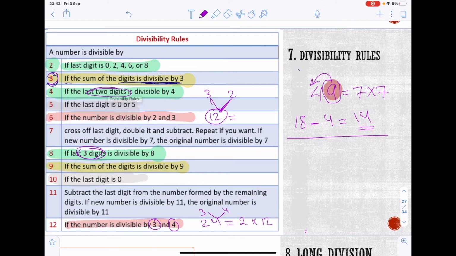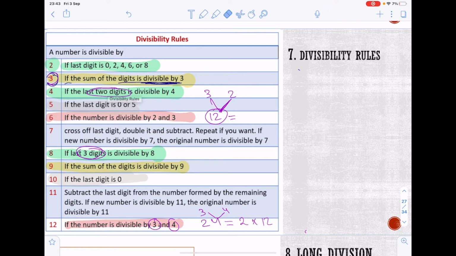Let's see the rule of 11. For example, if we have 121, you know that number is divisible by 11 because it's 11 times 11. To apply the rule, we subtract the last digit from the number formed by the remaining digits.